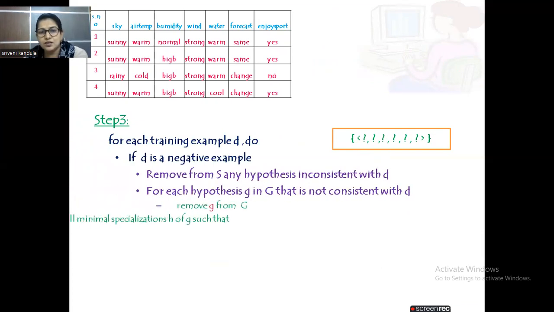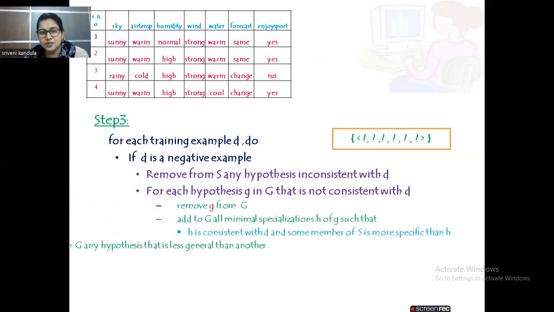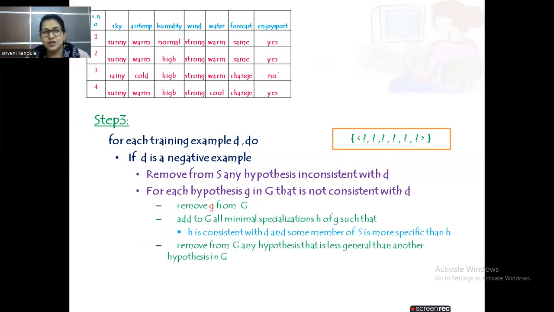Here all the steps, if you observe, are similar to the previous one. The only change is that if we take the specific boundary there, here we will take the general boundary and make the changes. So the third example is a negative example. Remove from S any hypothesis inconsistent with D. What is our specific hypothesis?